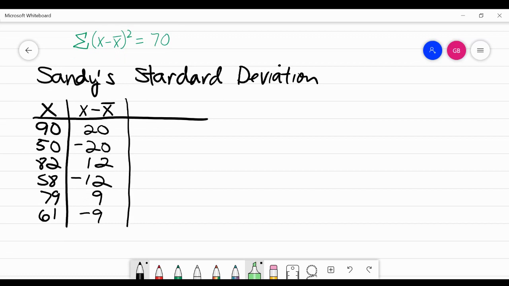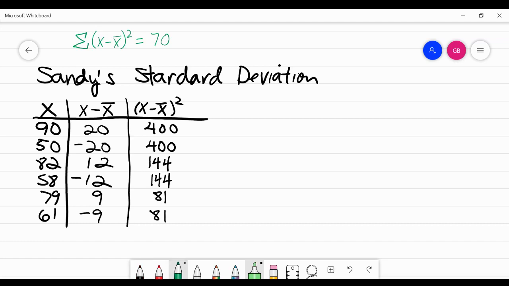Next, you're going to square that previous number. So we're going to square all of these. So 20 squared is 400. Negative 20 squared is 400. 12 squared is 144. Negative 12 squared is 144. 9 squared is 81. And negative 9 squared is also 81. Okay.